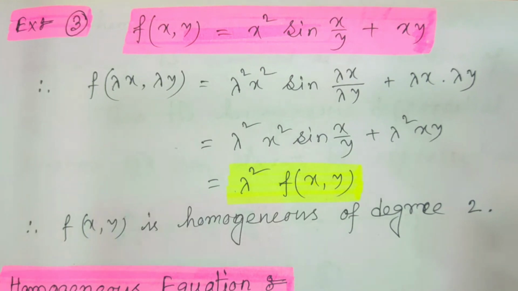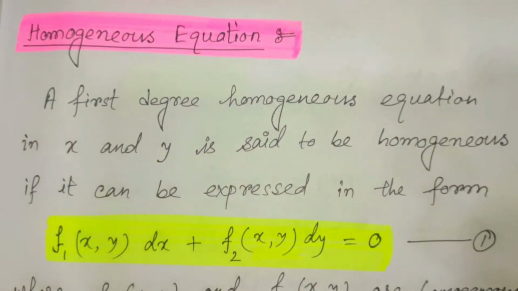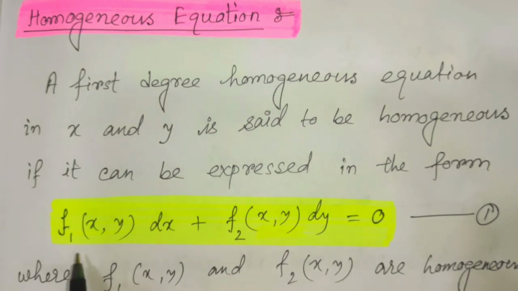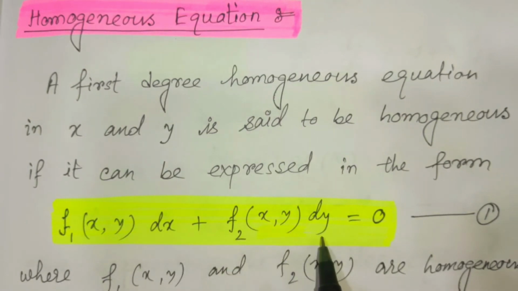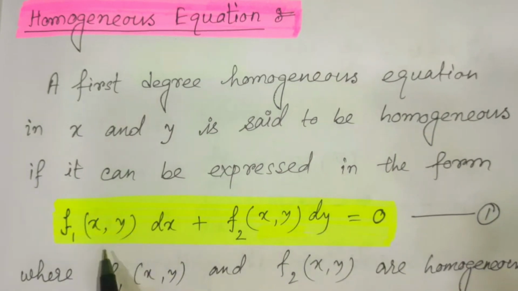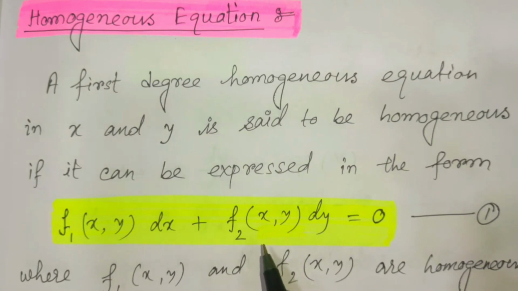what is its degree. So at first, whatever differential equation is given, we should verify whether it is homogeneous or not. We know the differential equation in the form dy by dx equals f of xy. If we can express this differential equation in the format f1 of xy dx plus f2 of xy dy, we should verify whether f1 and f2 are homogeneous or not.